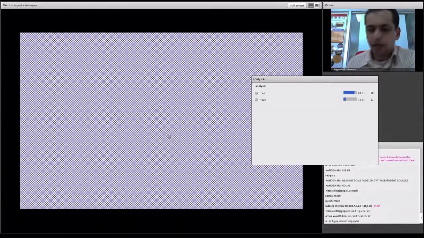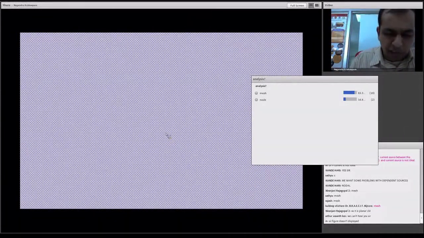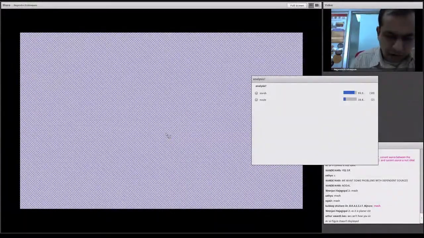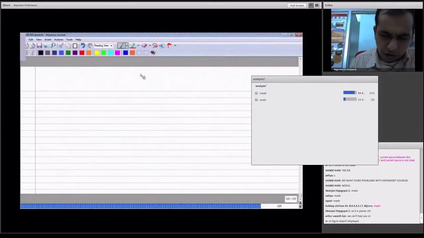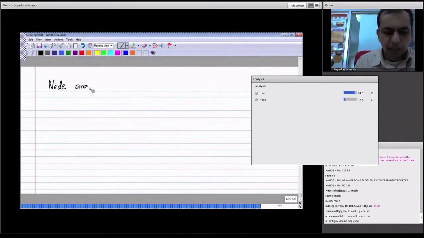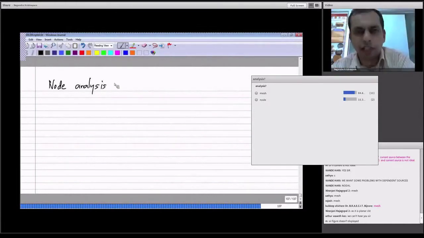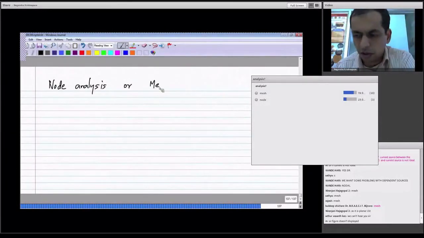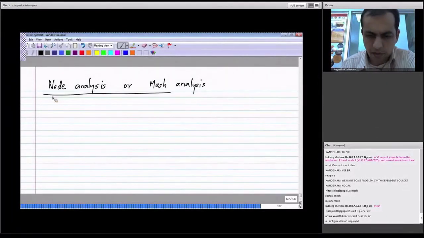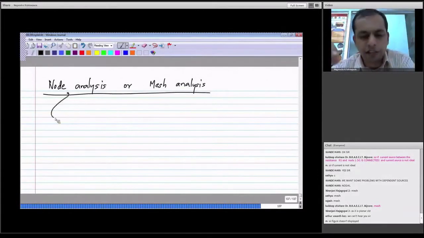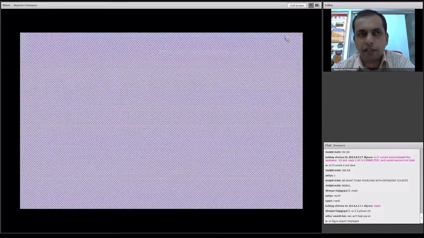Okay, now let's see what would be the basis of choice. Now, for node analysis, first of all, like I said, when we do nodal or mesh analysis, we first write KCL equations and get the node voltages, and in case of mesh analysis, we get the mesh currents.